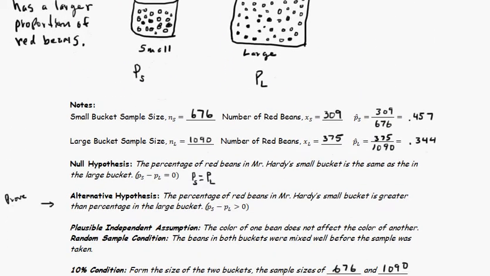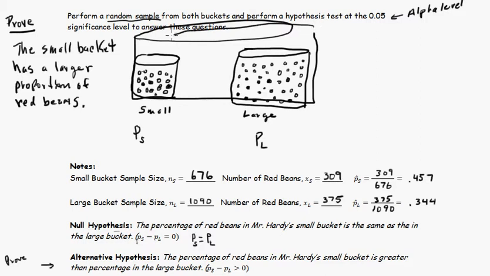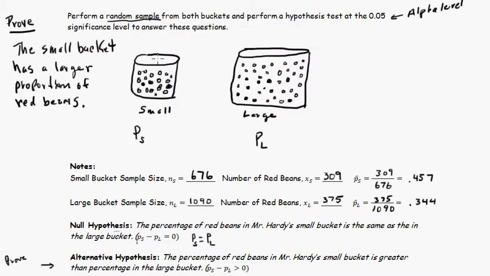So the theory is if we're hypothesizing from the null hypothesis that the proportion of red beans in the small bucket is equal to the proportion in the large bucket, then essentially what we're really saying is this is just one big giant bucket. I'm not sure I like that, but that's the idea, that it's like taking all of these beans and pouring them into there, because there's no difference.